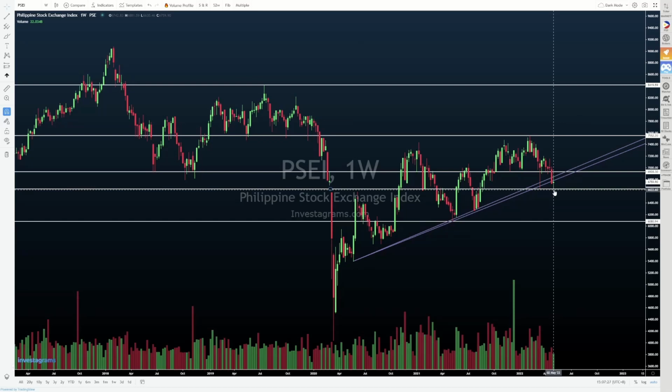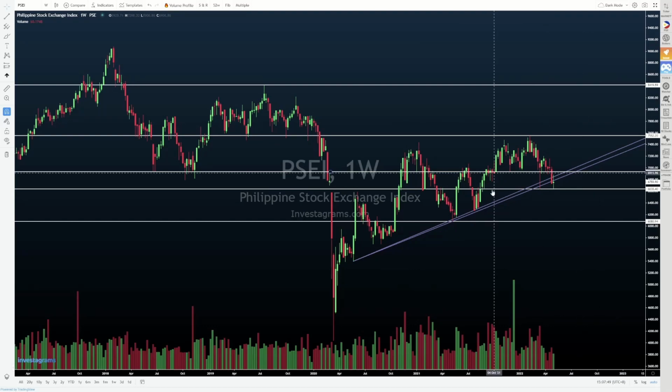Tulad ng pinag-uusapan natin lagi na you can't just focus on a singular point in price. It always has to be an area. The same thing goes for trend lines, no? So we broke beneath that trend line, tested it from underneath, and so far we're holding beneath it as well. So both bearish signs moving forward.